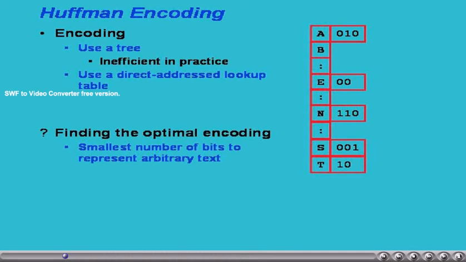In general, while encoding the data string, traversing the tree each time may be inefficient. Thus, a direct addressed lookup table is created, as shown in the table on the slide, and from that the message will be encoded.